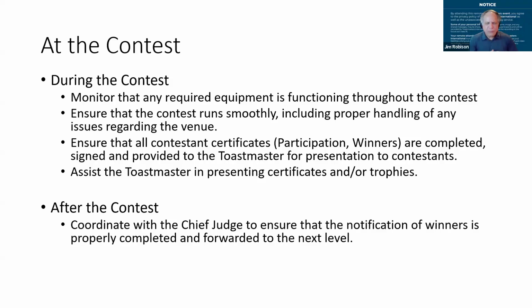That notification of winners includes the contestant's name and address, contact information, and the placement of every contestant who was not deemed ineligible. So if you have a club, an area, or a division where you have 8 contestants, you should have 8 names on that list of notification of winners, unless any of them were disqualified for some reason.